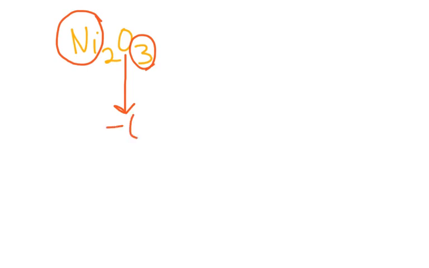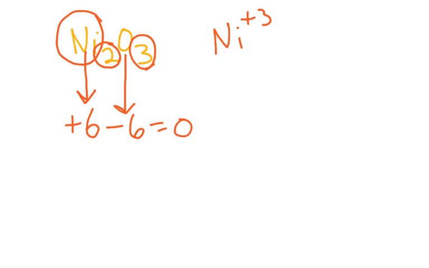So that's a -6 total charge, which means that the total charge coming from the 2 nickels has to be +6. And notice I said the total charge coming from the 2 nickels has to be +6. That means that each nickel that we're dealing with is a +3 nickel, not +6.